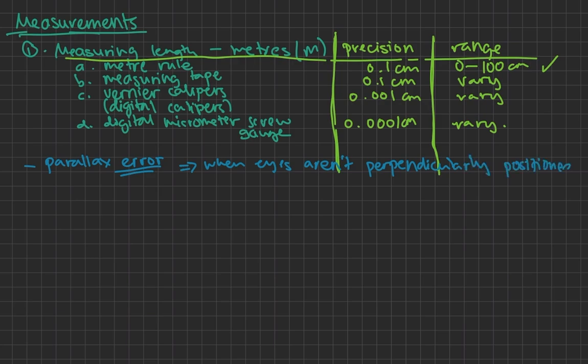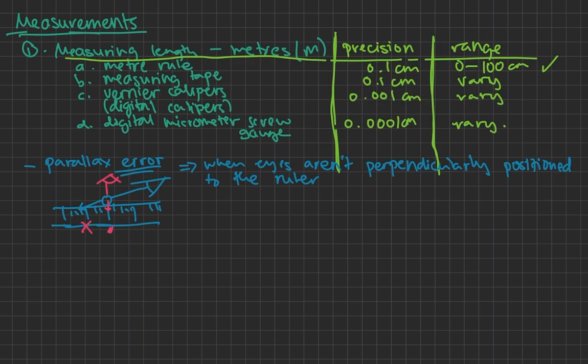An example of this is, for instance, this is your ruler, and this is the ball. But when your eyes aren't perpendicularly positioned to the ruler, you would instead see this as the number. Instead, what you have to do is look from up here, such that you can see that the ball is here instead of here. So that is basically parallax error.